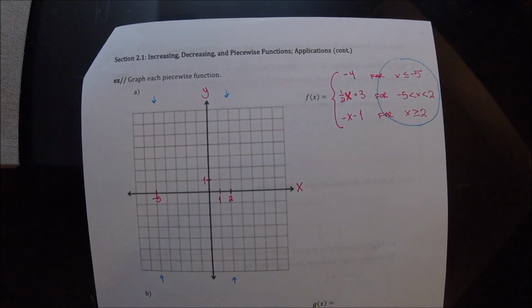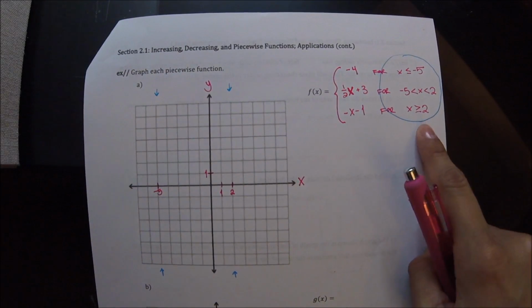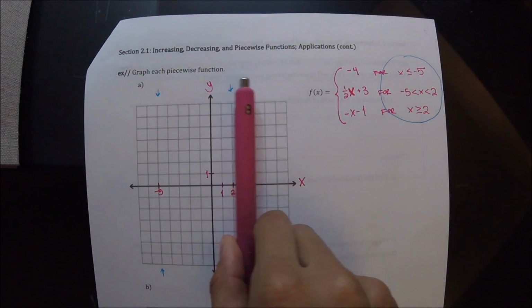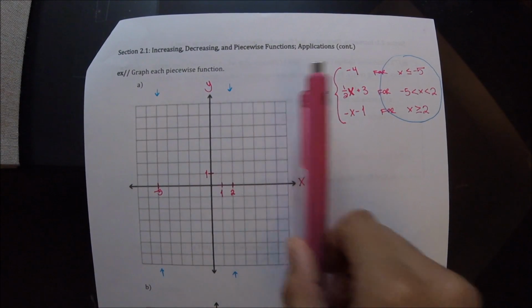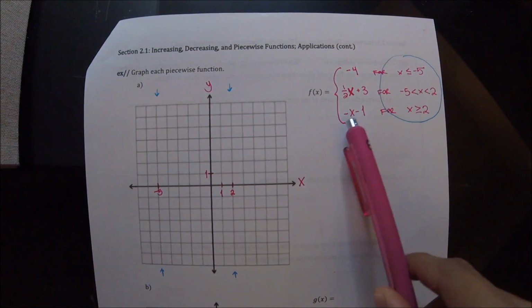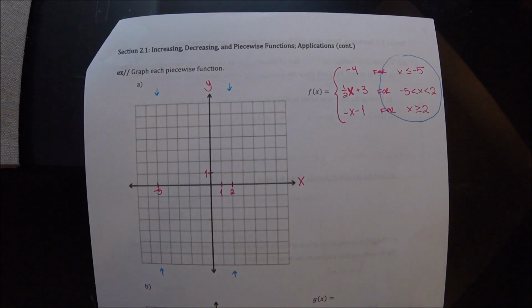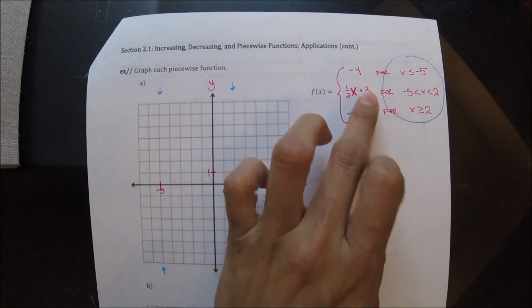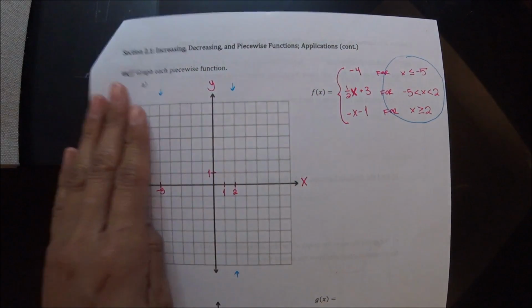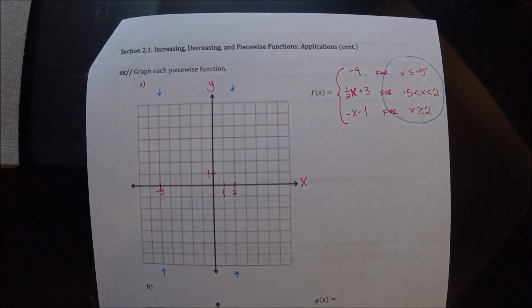And then lastly, when x is bigger than or equal to 2, so over here, we need to graph this function, -x minus 1. So we're going to graph these 3 different parts on the same graph in different chunks.